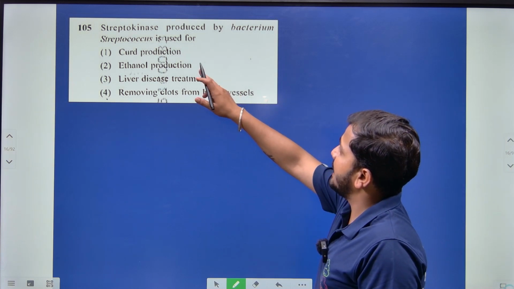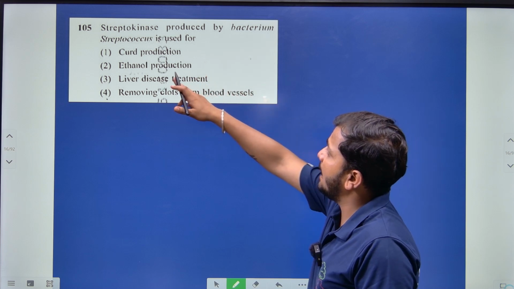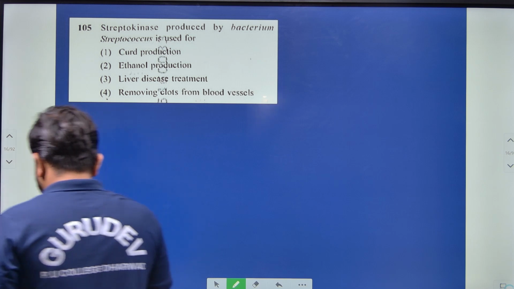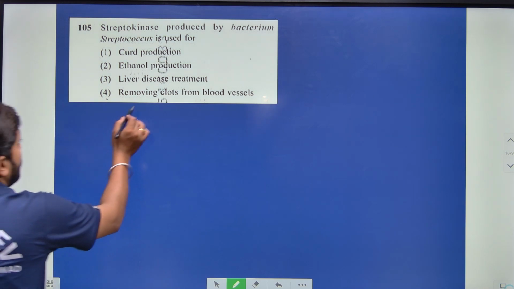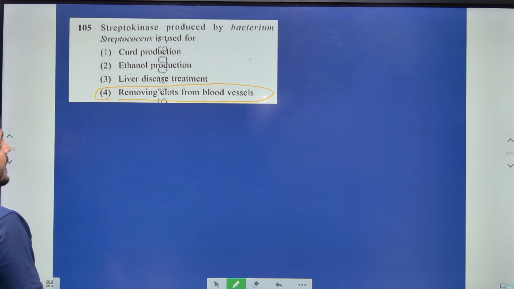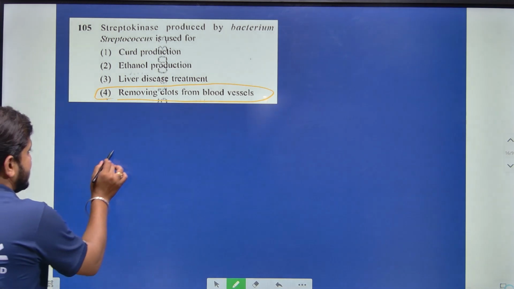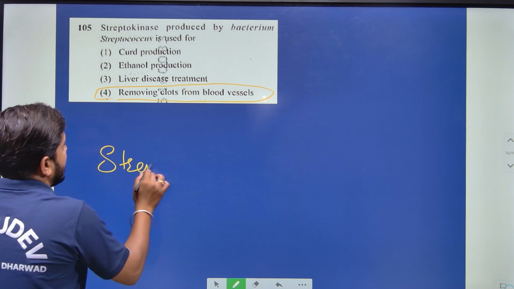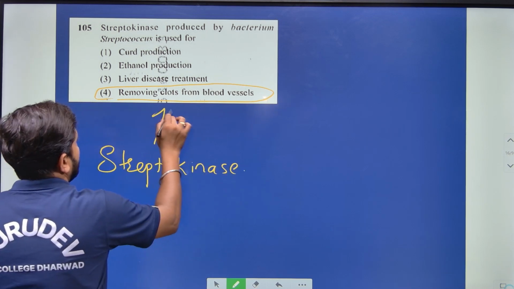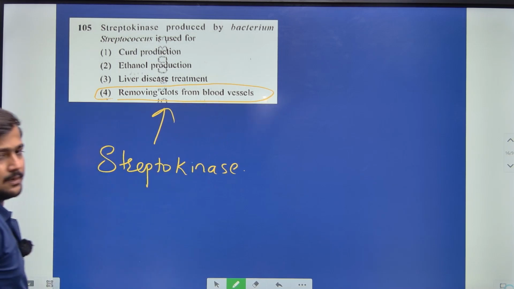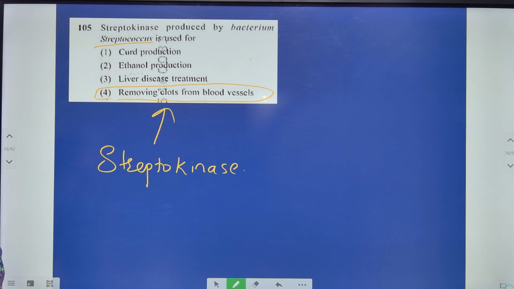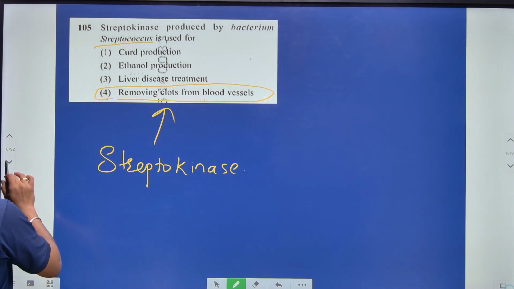Streptokinase is an enzyme produced by the bacterium Streptococcus, and it is majorly used for removing clots from blood vessels. So here option 4 is correct.